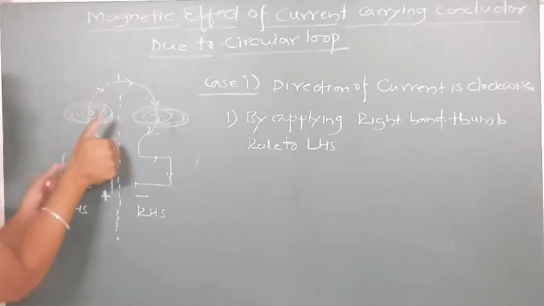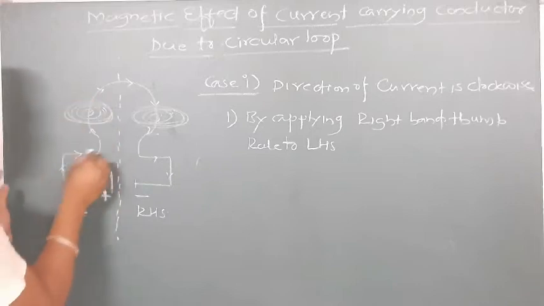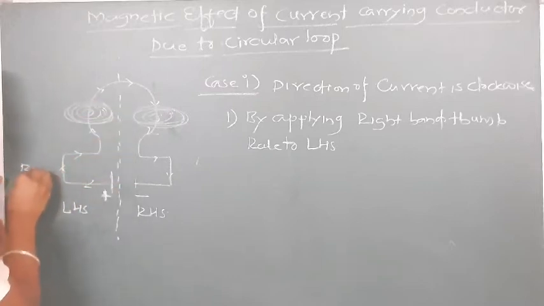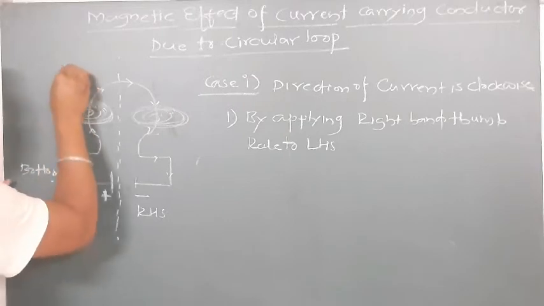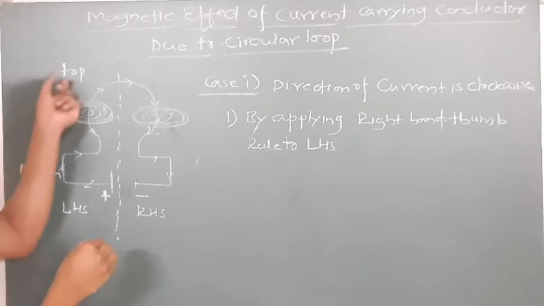Once I apply the right hand thumb, the direction of current, we can see, is in this part. This is the bottom and this is the top. The current is flowing from bottom to top.